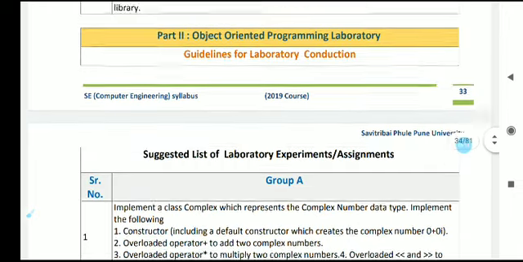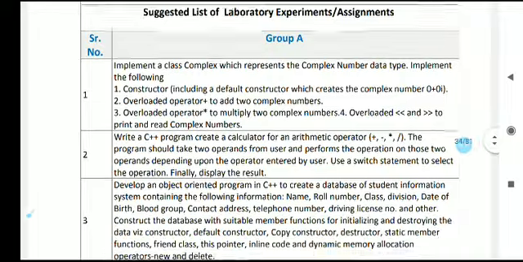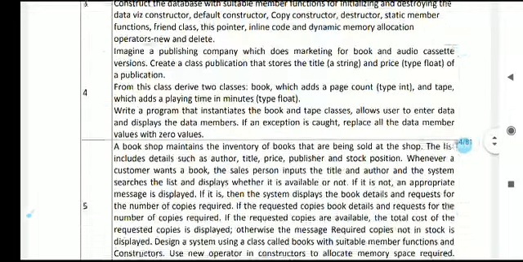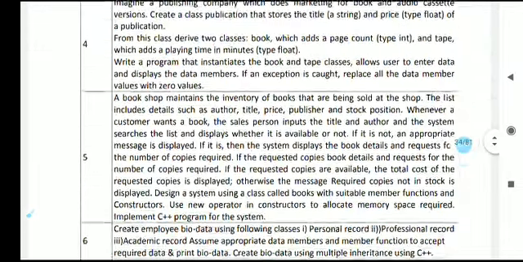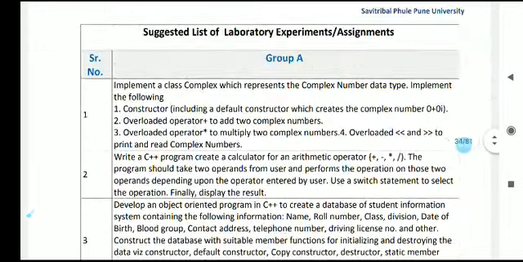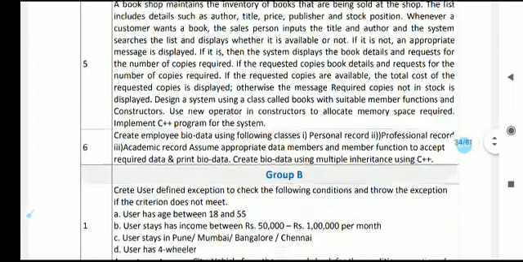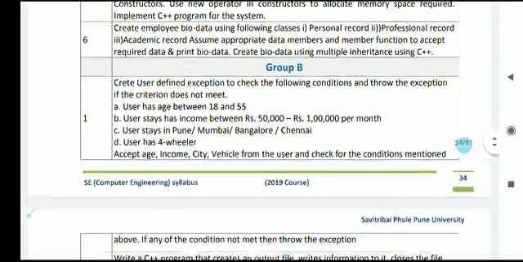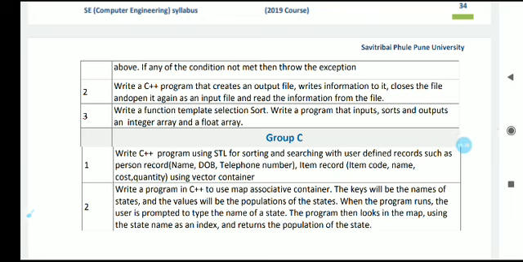In the lab you have to perform various assignments. These assignments are mostly divided into three groups: group A, group B, and group C. You have to perform all these assignments. Group A contains a total of 6 assignments, group B contains a total of 3 assignments, and group C contains 2 assignments.